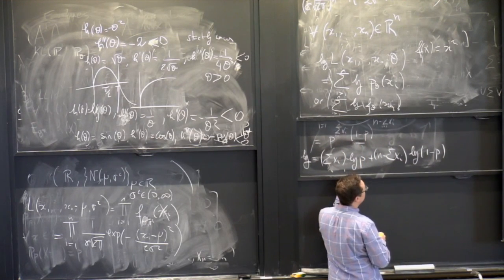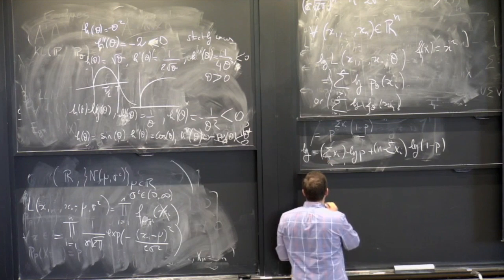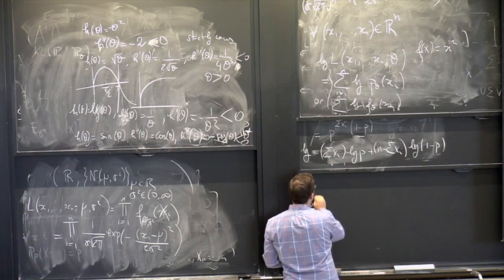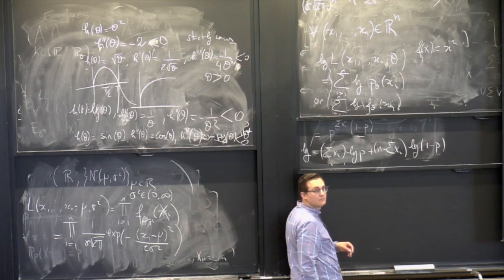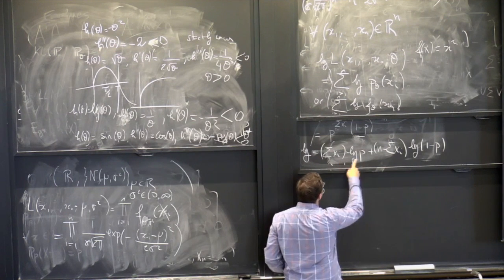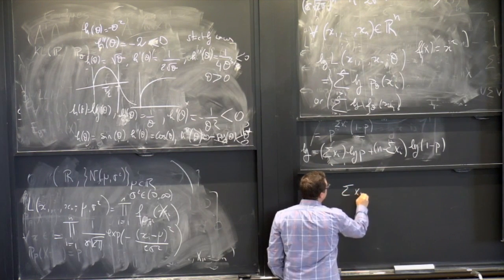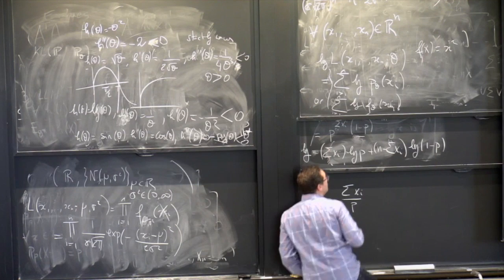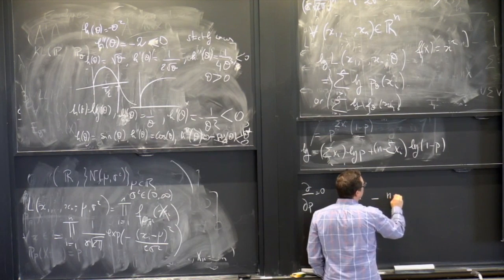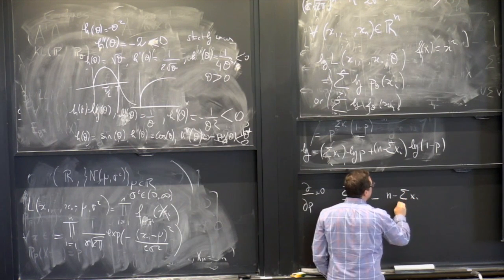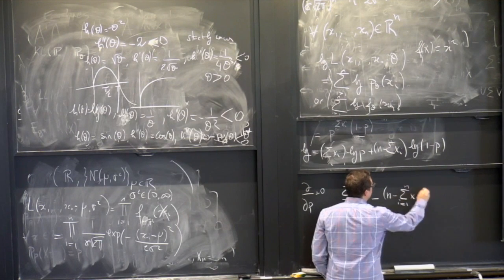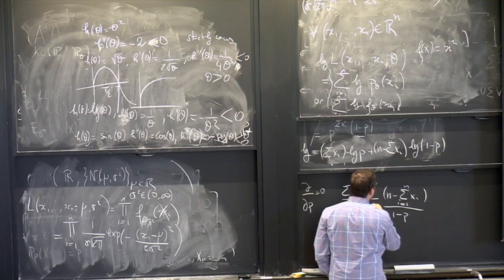OK? Now I take the derivative with respect to p and set it equal to 0. OK? So what does that give me? It tells me that the sum of the xi's divided by p minus n minus the sum of the xi's divided by 1 minus p is equal to 0.